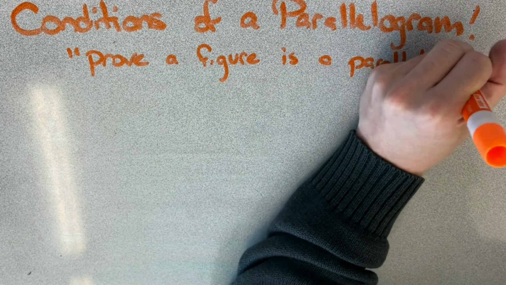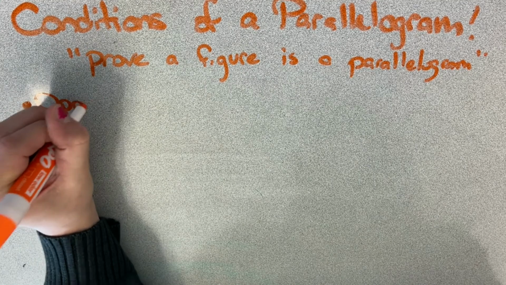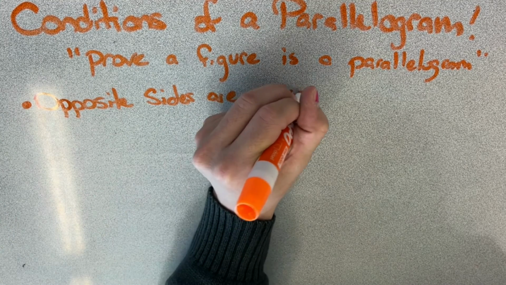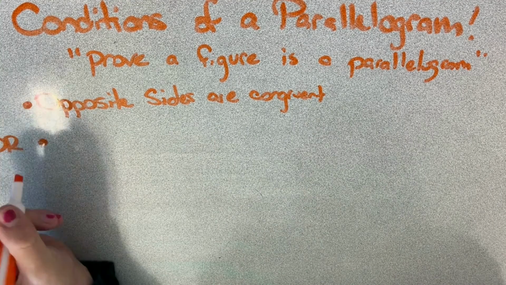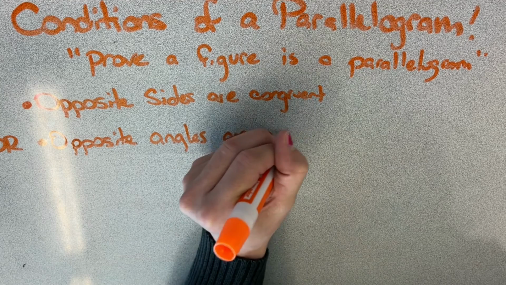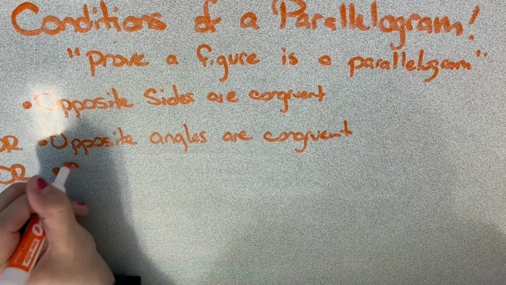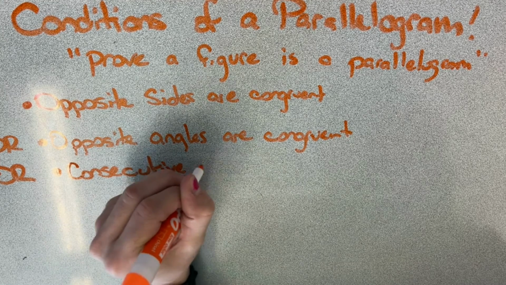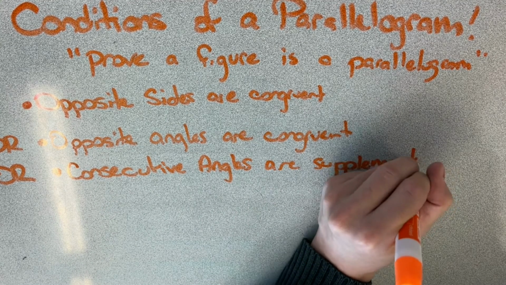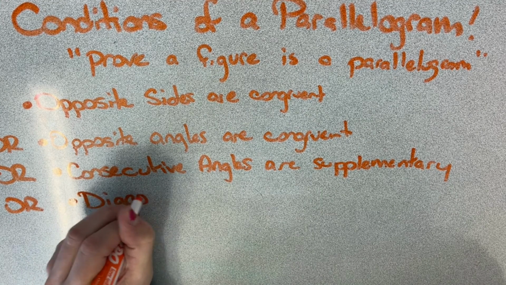So far we've seen what we know about parallelograms, and these conditions, these proofs, are going to look very similar. We can prove a figure is a parallelogram if opposite pairs of sides are congruent, or if the opposite pairs of angles are congruent, or if the consecutive angles are supplementary, or if the diagonals bisect each other.